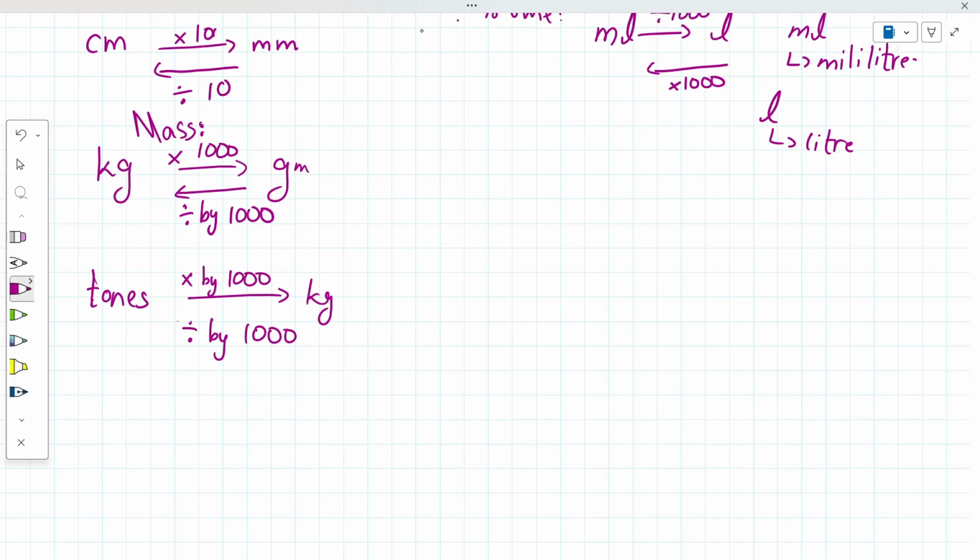We are going to solve some problems, so it will be easy. The problem is 0.83 meter, and we have to convert this into centimeter.